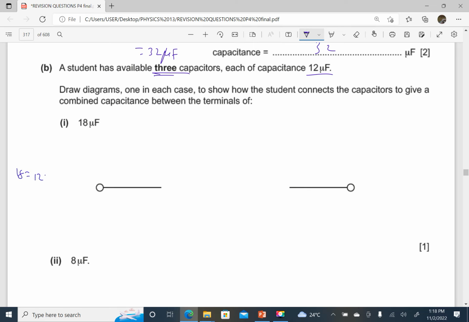The capacitor giving 12 microfarads should be in parallel with the ones giving 6. These ones should be in series. Therefore, I'll put 2 capacitors in series. These I'm sure will give me 6.